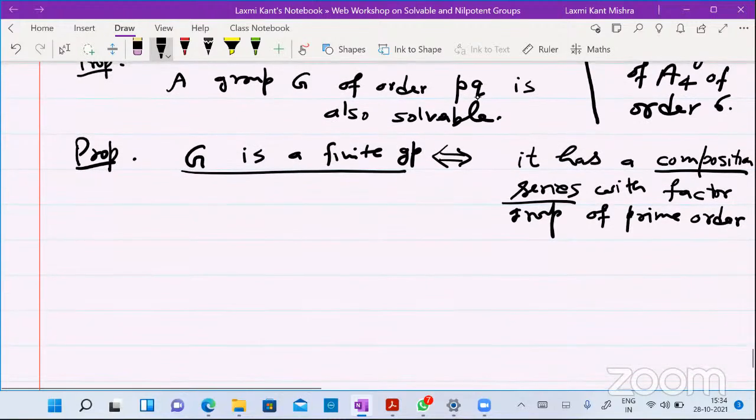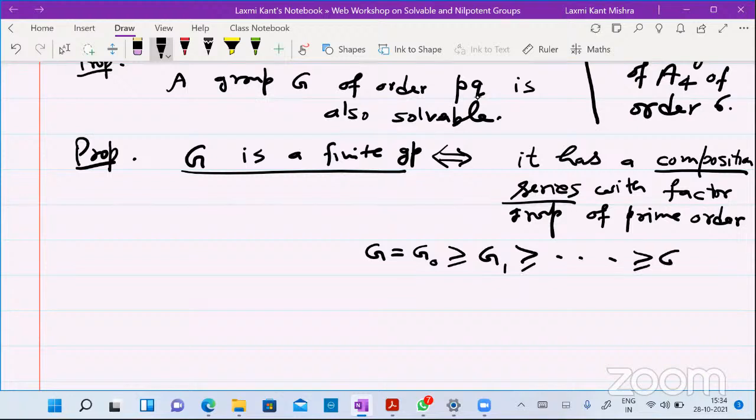That means we can say G equals G0, G1 and so on up to Gn, which is the identity, with Gi by Gi+1 a cyclic group.